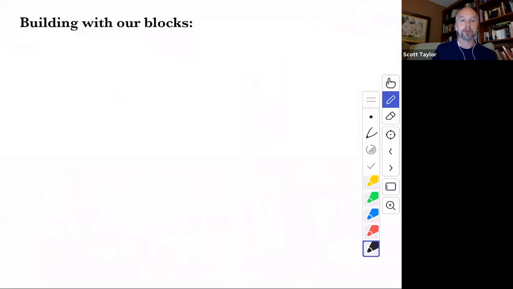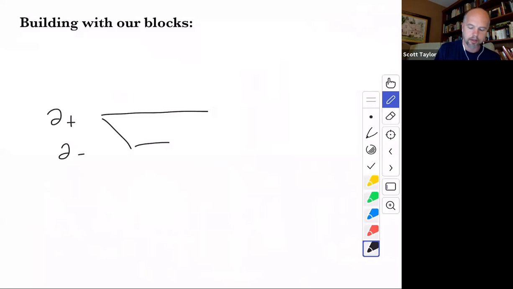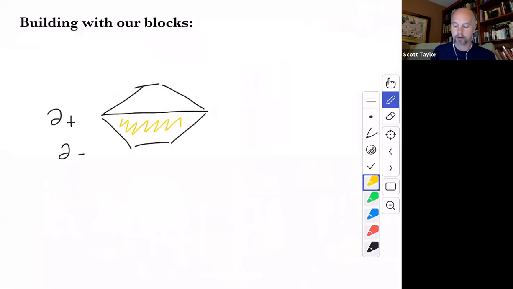And here's how we put the building blocks together. So I'm going to do a schematic picture here. The big surfaces are boundary plus, and then I have boundary minus here. I'm just going to group these things together. So this is one of my VP compression bodies.